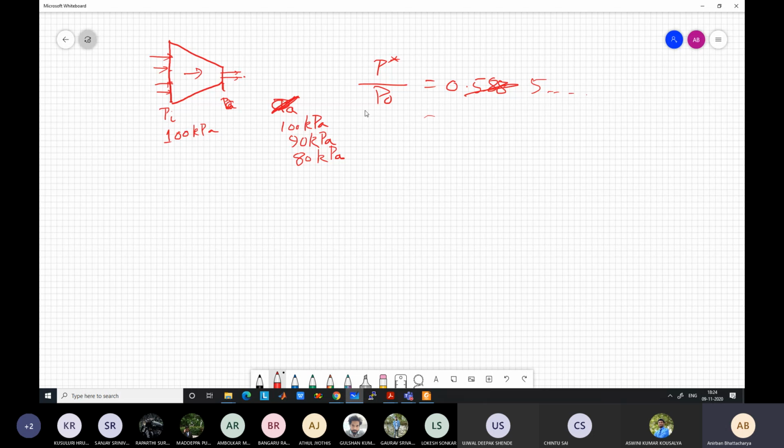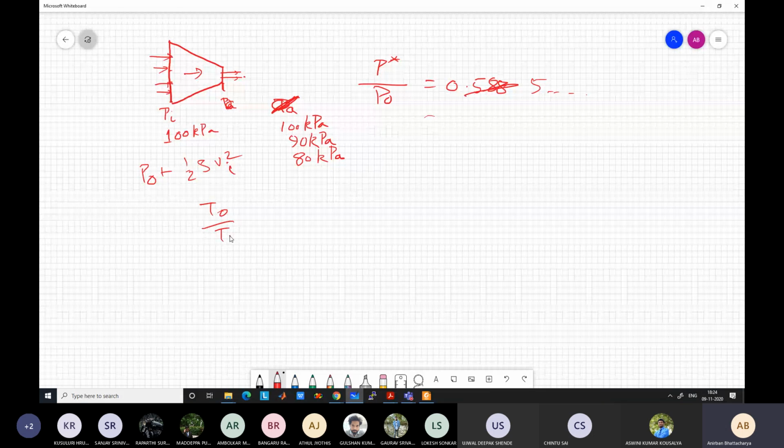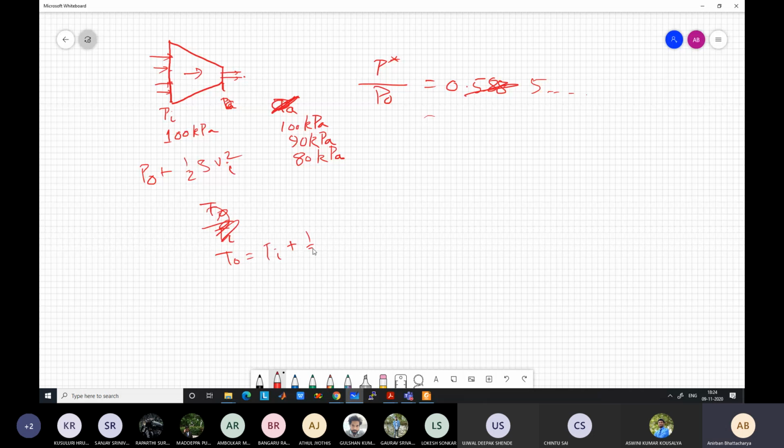At that point, you can calculate this P naught from half rho V square, or from Pi, or you can calculate from the temperature. T naught is equal to Ti plus half Vi square by Cp, meaning Vi square by 2 Cp.